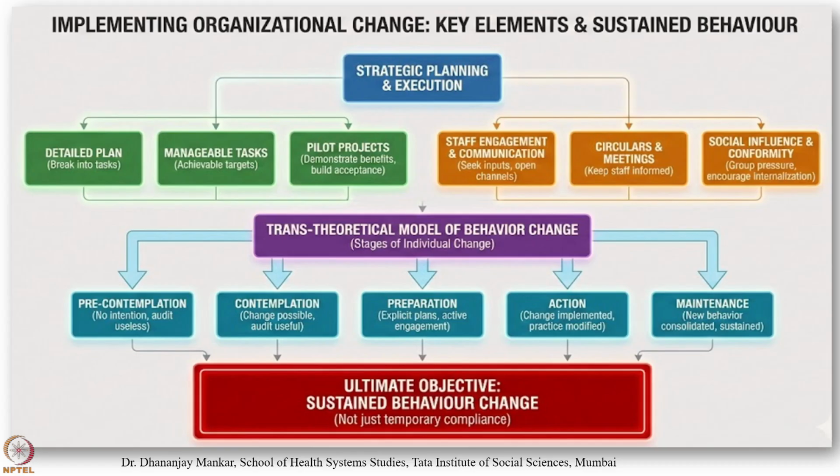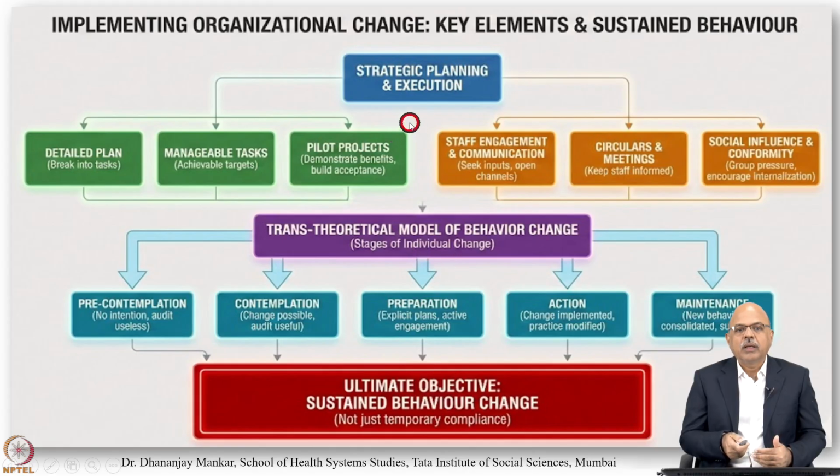Now we can see in this picture that implementing organizational change has a key element: sustained behavior. When we are trying to plan strategic planning and execution, we expect a detailed plan which is broken into tasks, along with managerial tasks, followed by achievable targets and pilot projects with demonstrable benefit, which build acceptance.